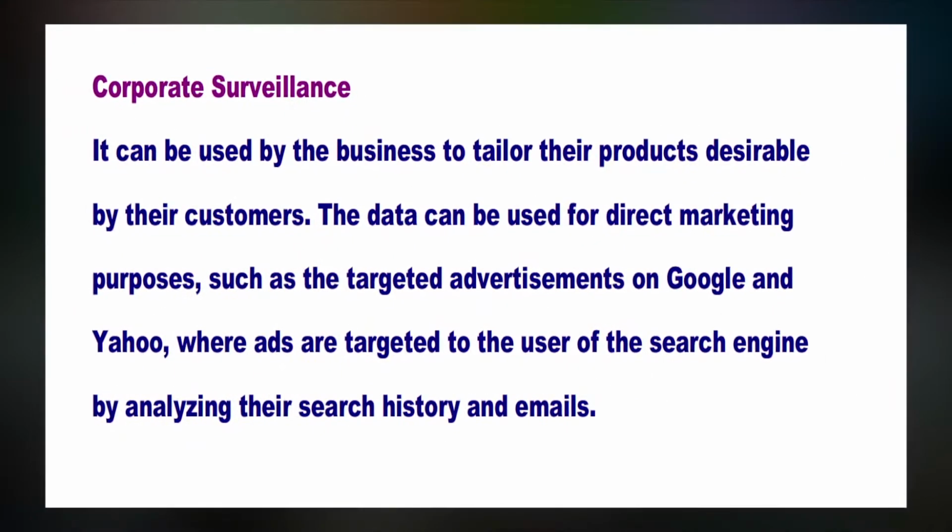It can be used by the business to tailor the products desirable to the customers. The data can be used for direct marketing purposes, such as the targeted advertisements on Google and Yahoo, where ads are targeted to the user of the search engine by analyzing their search history and emails.